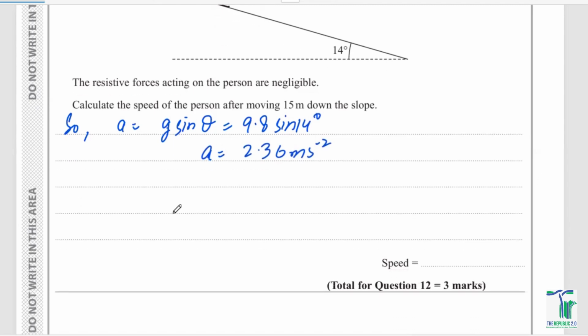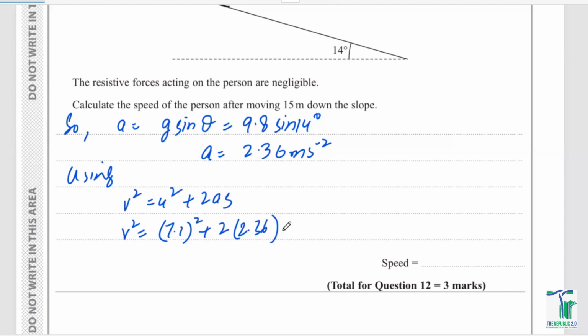So once you have got acceleration, you can simply use v squared equals u squared plus 2as. By plugging in the values, we need to get the final speed, which is v squared. The initial speed is 7.1 squared plus 2 times acceleration, which is 2.36, and the distance covered is 15 meters.